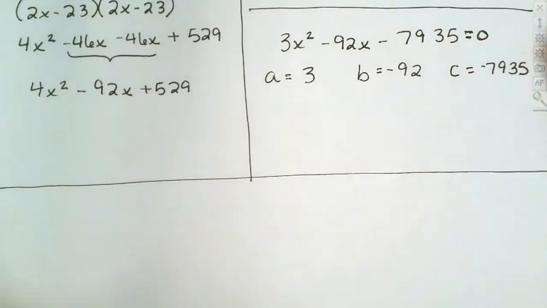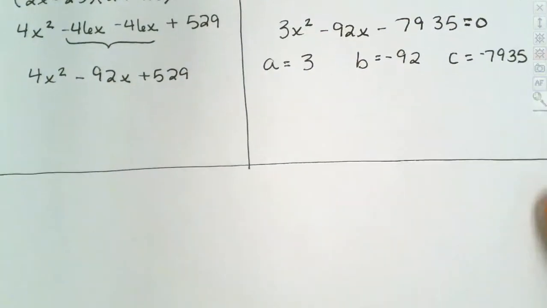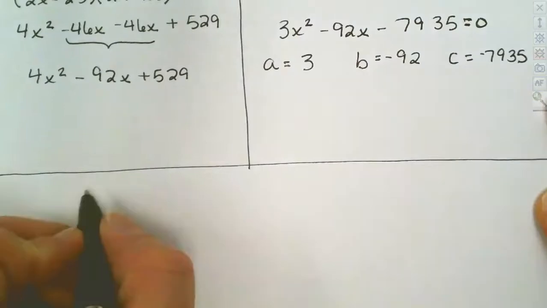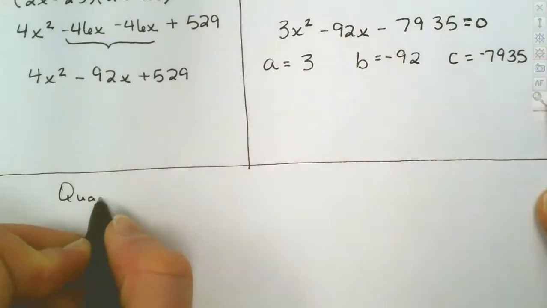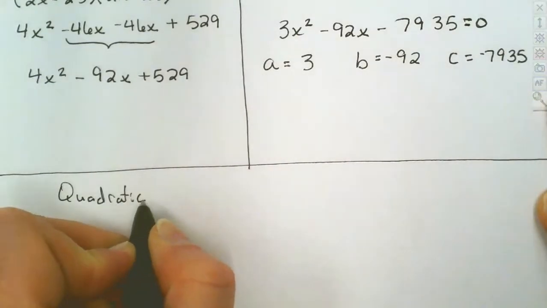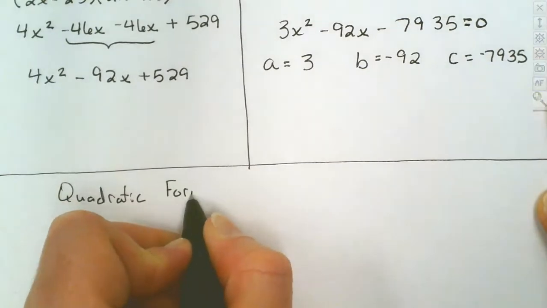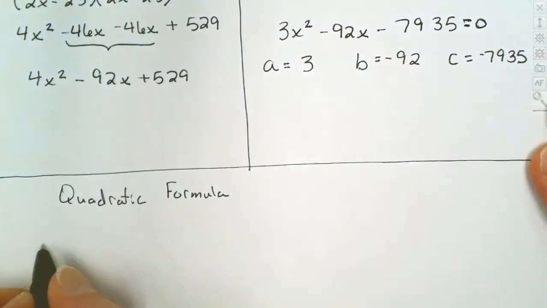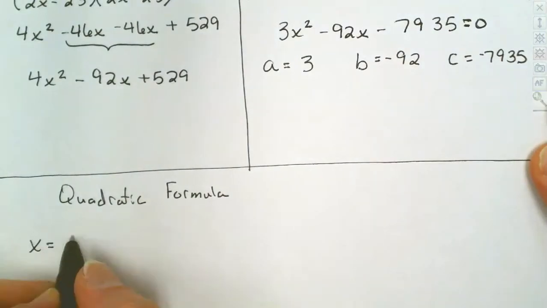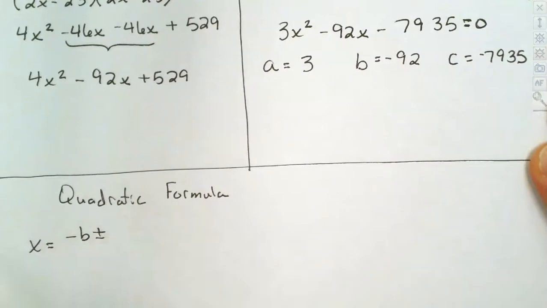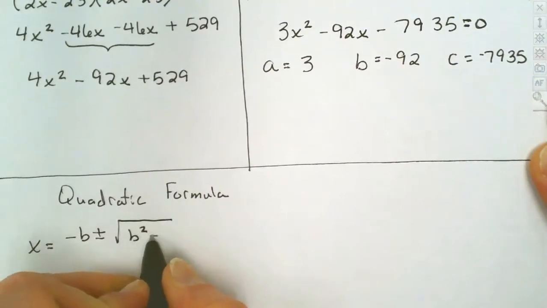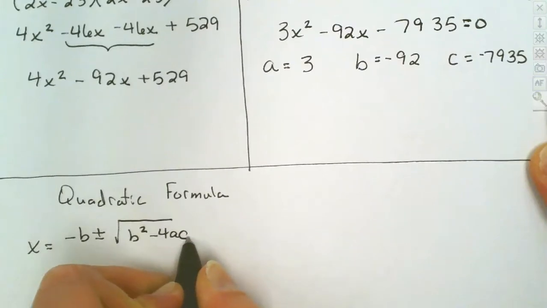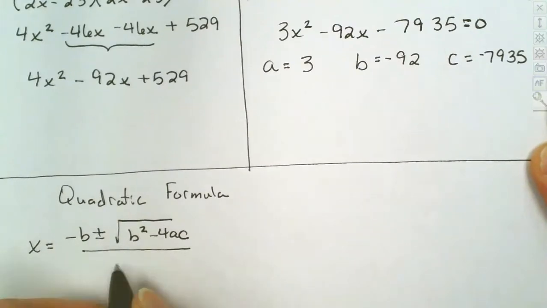So now we've got that. We've got it set to 0. We've got all of our pieces identified. So now we're going to use our quadratic formula. And for our quadratic formula, that is x equals negative b plus or minus the square root of b squared minus 4ac all over 2a.